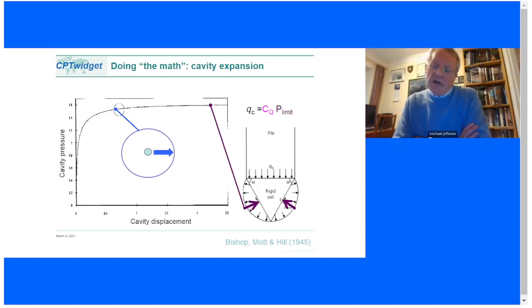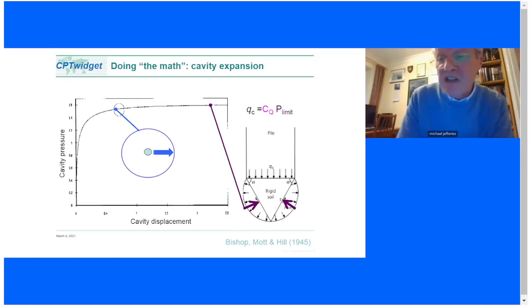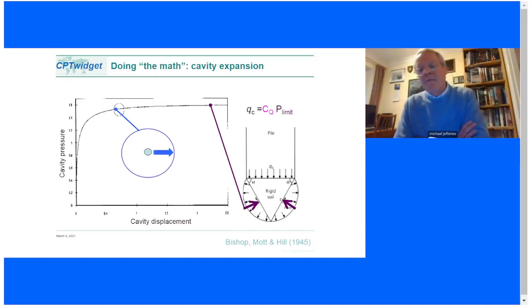So what we do is we say, okay, well, the pressure on the tip of a CPT, and you'll see in my cartoon on the right it's labeled pile, because this comes out of pile design. In fact, pile design comes out of punch indentation theory for metals. We take the pressure on the tip of the CPT as being related to the pressure required to inflate a cavity.